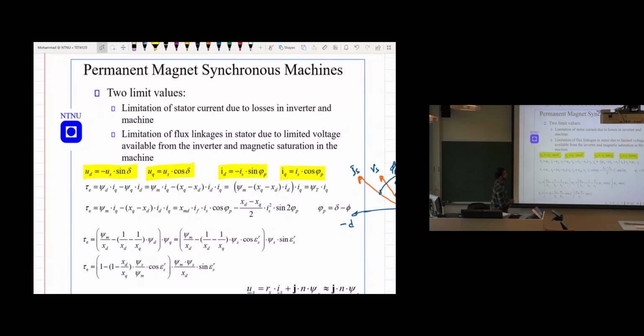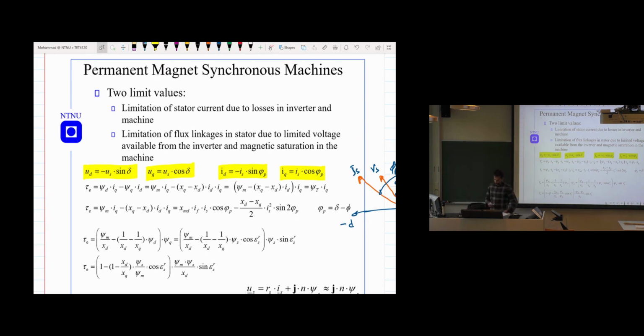So why we are looking at these components is mainly for two reasons. One is that in the machine we have two limits. The first limit is the current. We cannot have an infinite amount of current. So you have limited current because the converter can supply only limited current, and also the current causes loss in the machine, because every machine has a little resistor, 2-3% of the system.